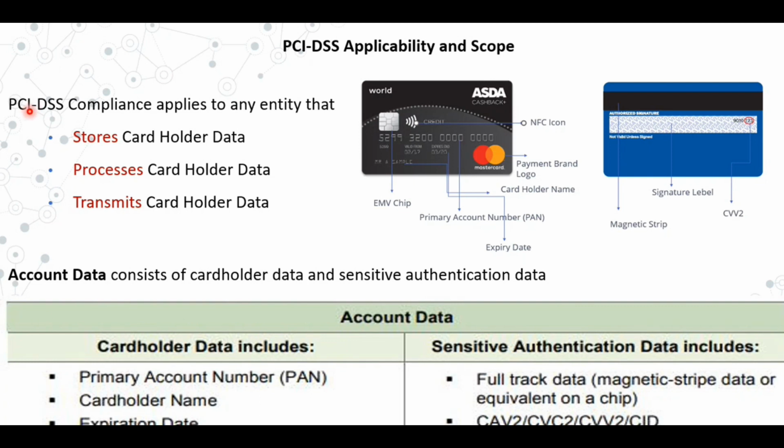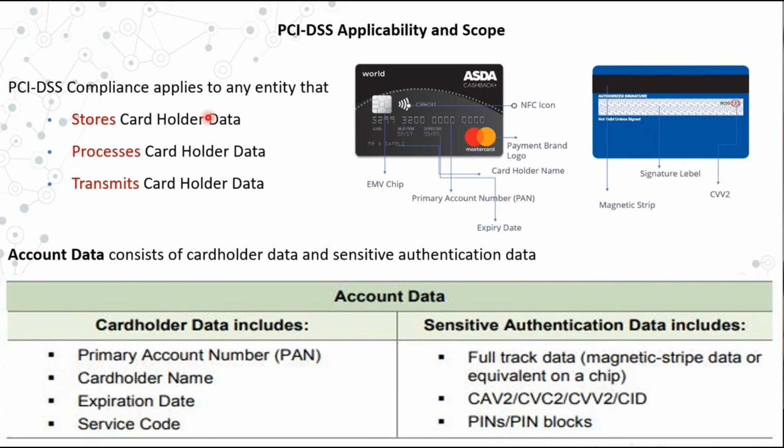See, PCI DSS applicability and scope. This is something you need to understand very carefully, and this will answer a lot of queries. PCI DSS compliance applies to any entity that, please remember a short form, SPIT. Like we talk in ISO about the CIA triad, here we have a triad called SPIT: store, process, transmit.